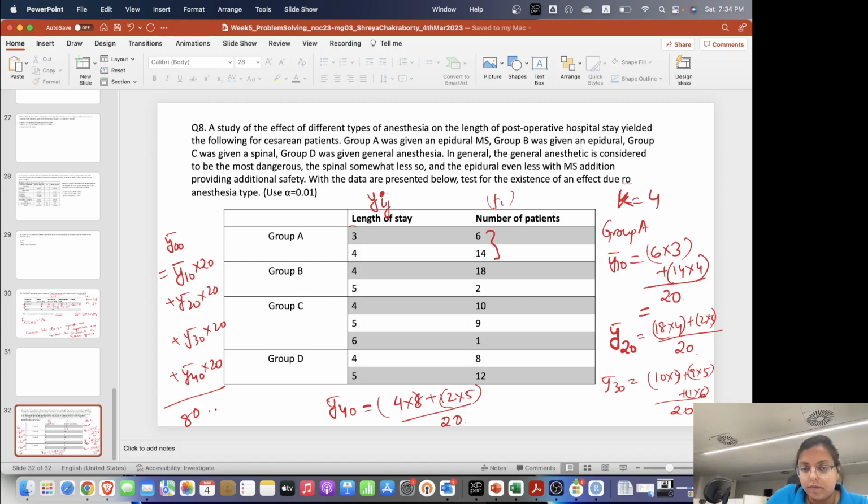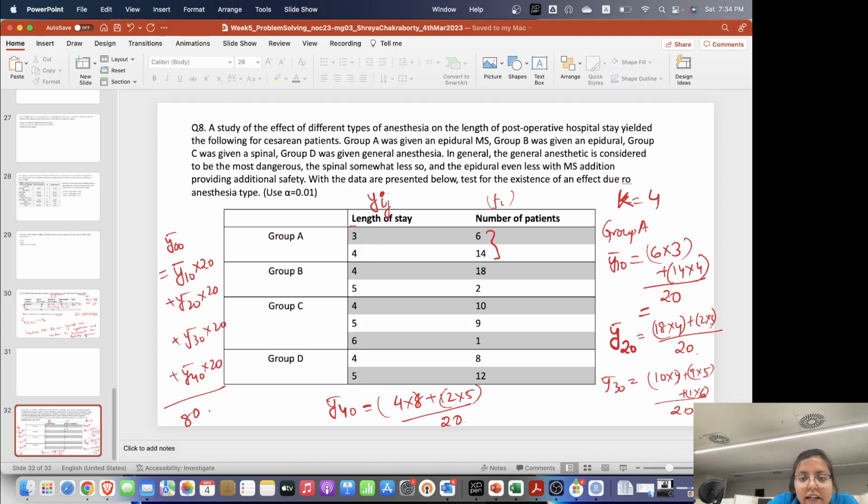Could you please explain once again the why? Okay. Here they are saying there are 6 patients with 3 lengths of stay. This is a summarized form in which they have given the results.